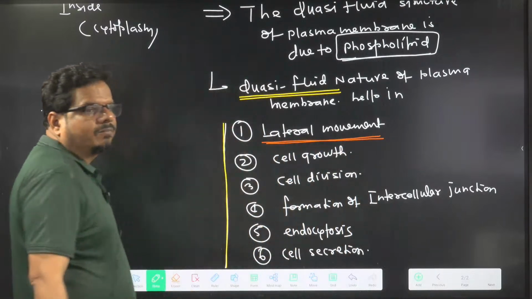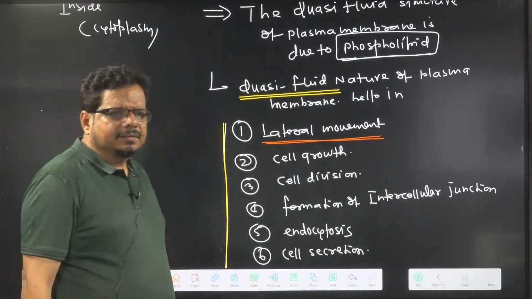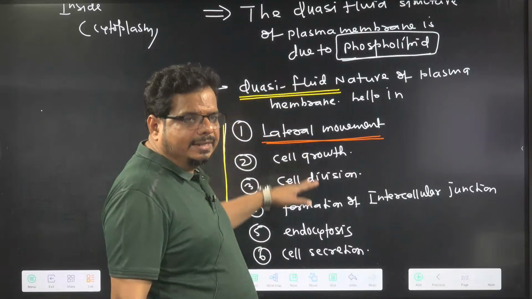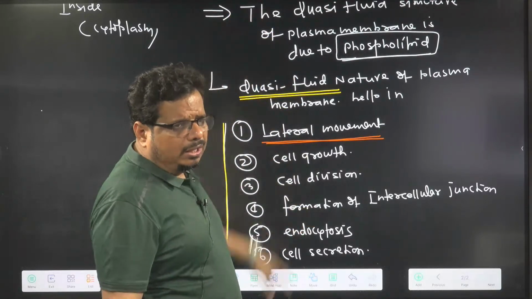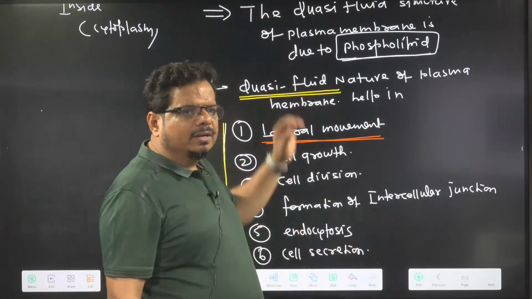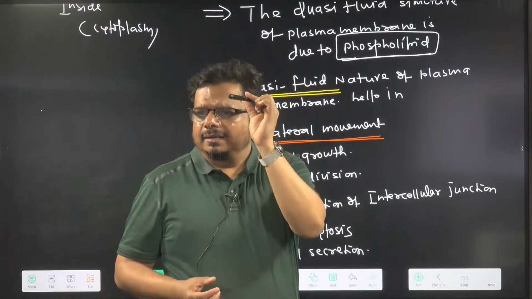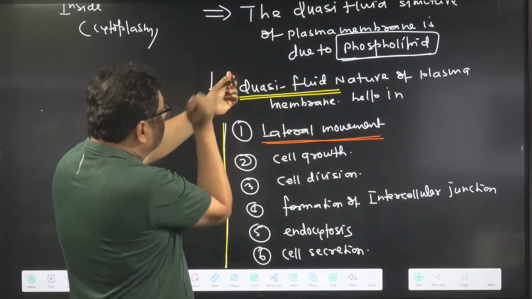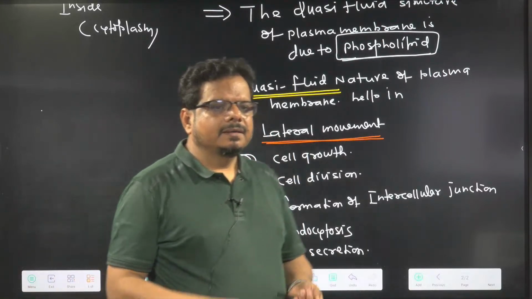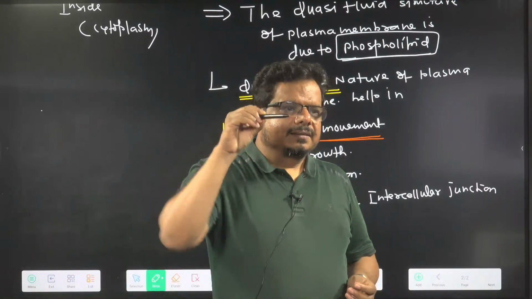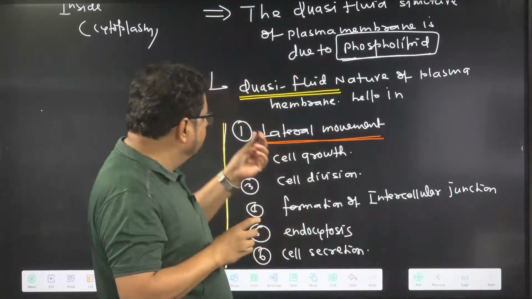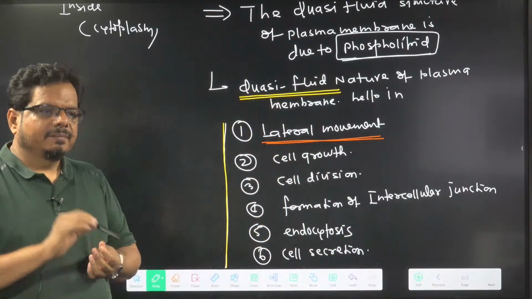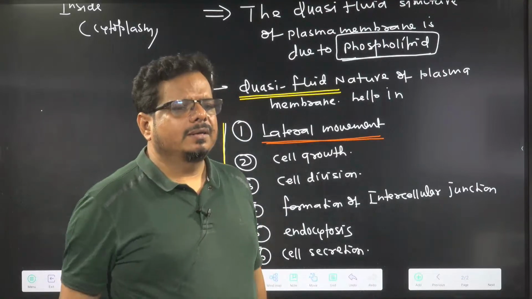Let me tell you. Suppose that this board is a brick wall. It is a brick wall and I am taking a nail and hammer and hitting in the brick wall. What happened? This nail will pierce the brick wall, move inside the brick wall.